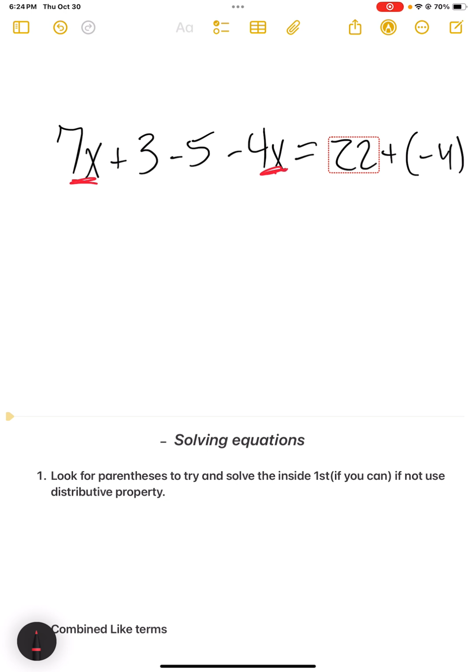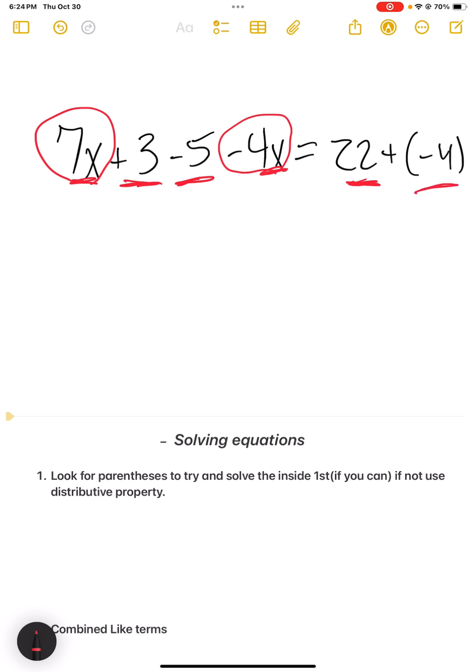So guess what? That makes them like terms. So that would be 7x and negative 4x as 2 things you would combine. And then you would also combine this plus 3 to this minus 5. And then on this side, you would combine this 22 to this negative 4.